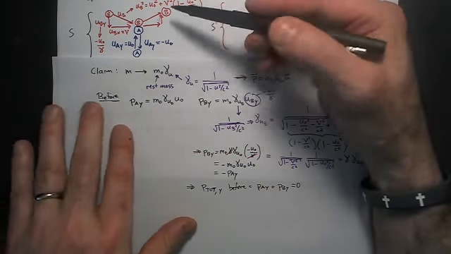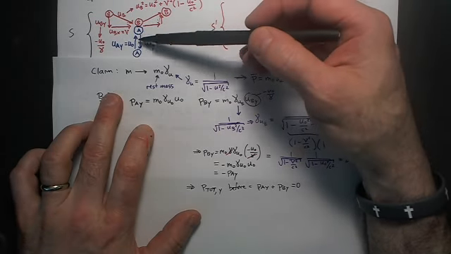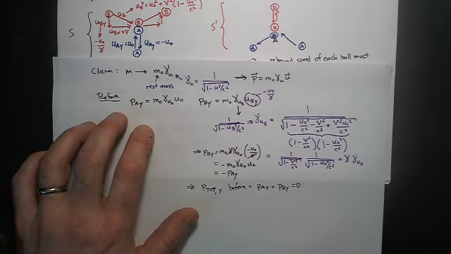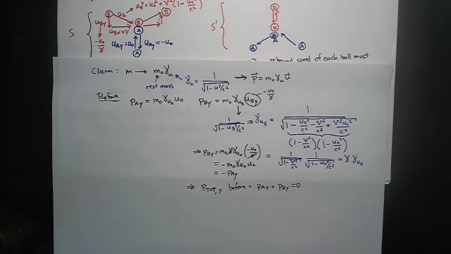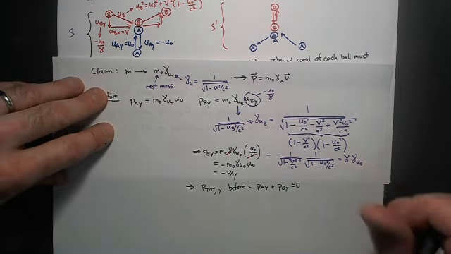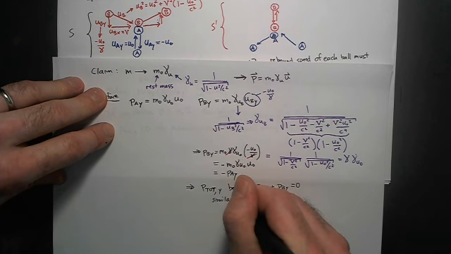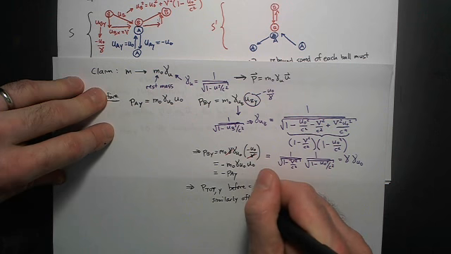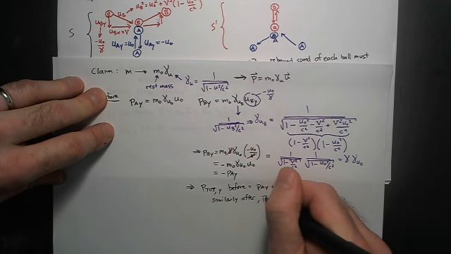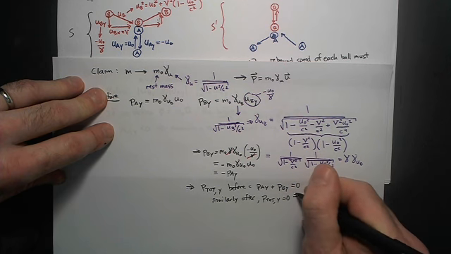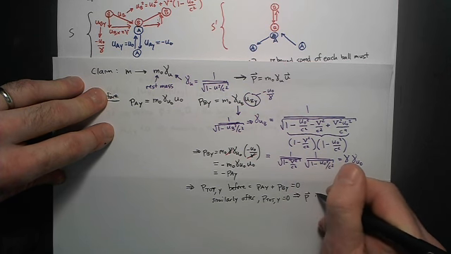And as I argued before, after the collision, the velocities just reverse. And so if the sum of the momenta before the collision is 0, the sum of the momenta after the collision will also be 0. So similarly, after, p total y is equal to 0, and so the momentum is conserved.